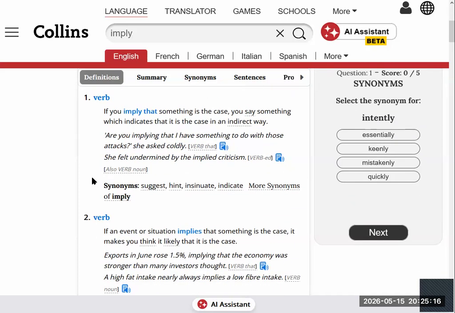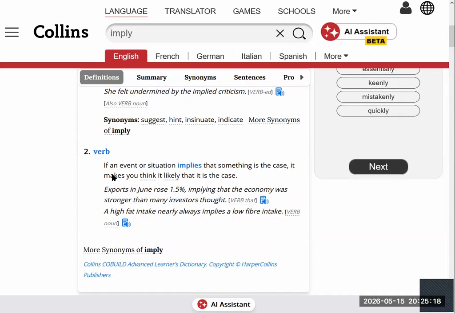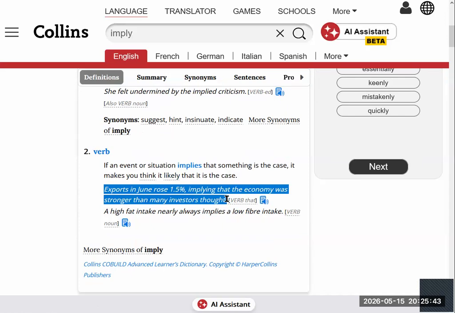So let's look at the next one down as well then. If an event or situation implies that something is the case, it makes you think that it is likely that it is the case. It's quite possible that something is the case. So let's look at the example sentence. Exports, I guess this is to do with economics and what the country exports.